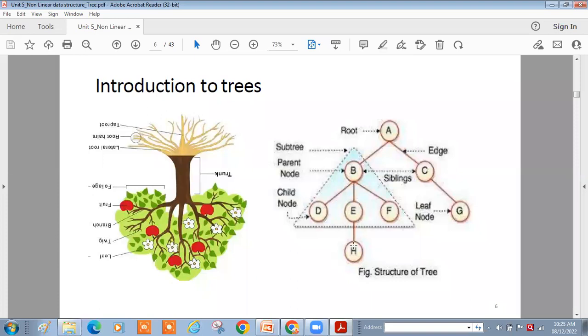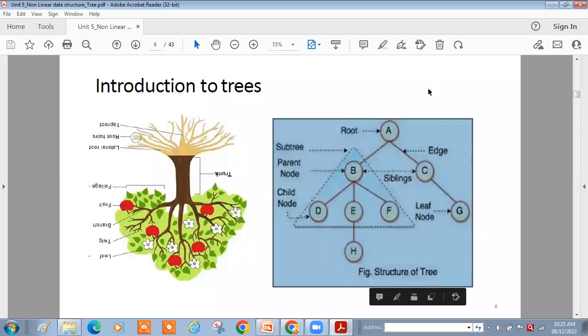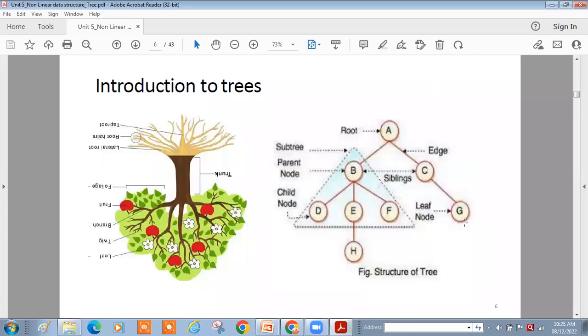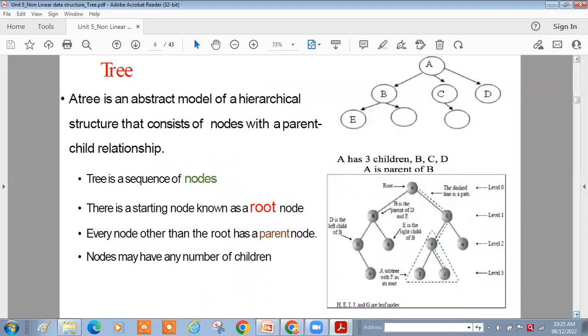These child nodes again have further nodes. So here G and H are the leaf nodes. Don't be confused. In detail, I will explain all these terminologies of the tree. I think from this slide it is clear how the tree is represented in data structure. Now let's move to the next part.